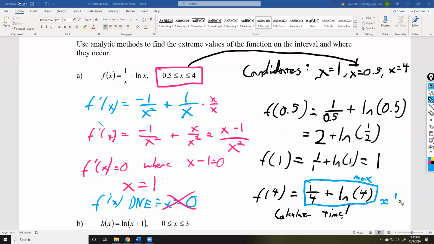This one is about 1.3. And so this one, f of 1 being 1, is going to be my minimum. So my absolute max, the largest value, was the 1.6. My absolute minimum, my smallest value, was 1. So my critical point that I found ended up being my absolute minimum, and then the absolute maximum ended up being one of the endpoints.